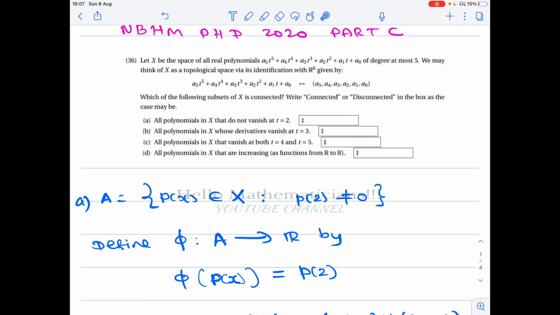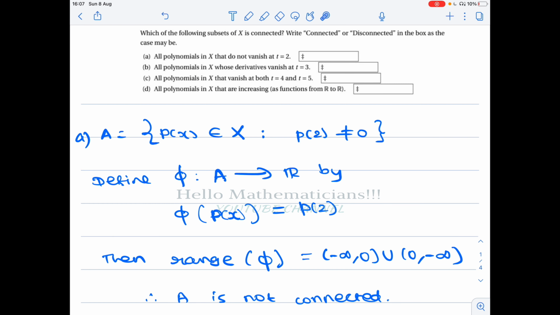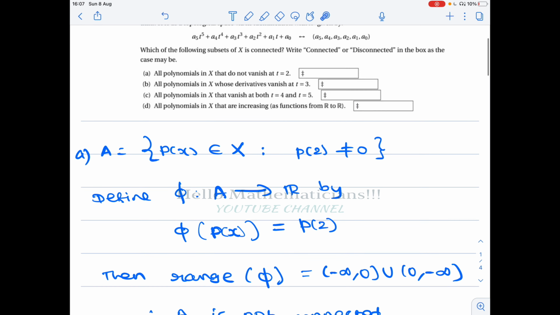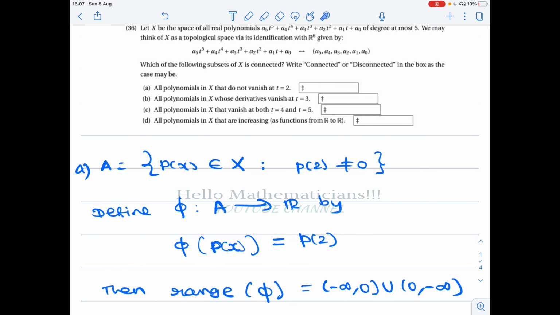We define a map phi from the set A to R by phi of a polynomial p of x is equal to p of 2. This is called the evaluation map, evaluating at the point 2. Why is it continuous?